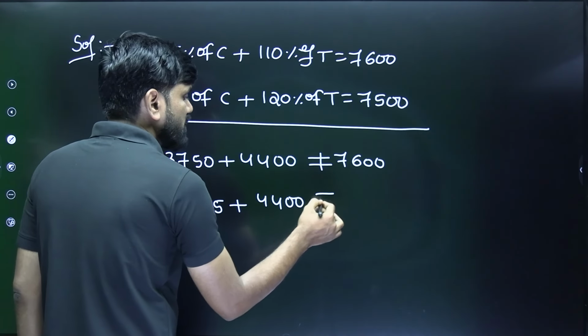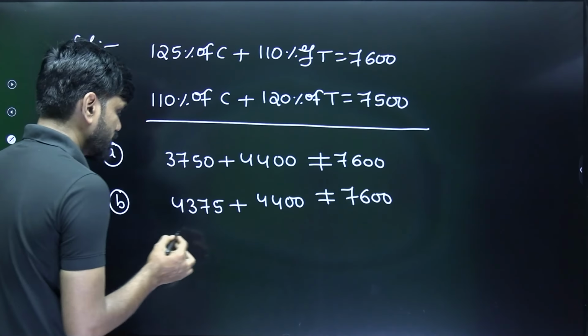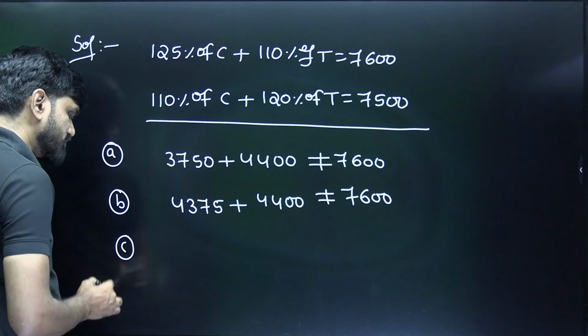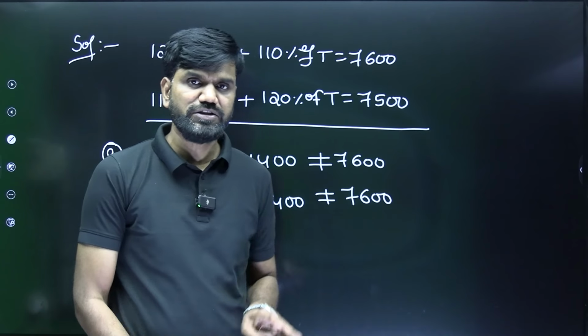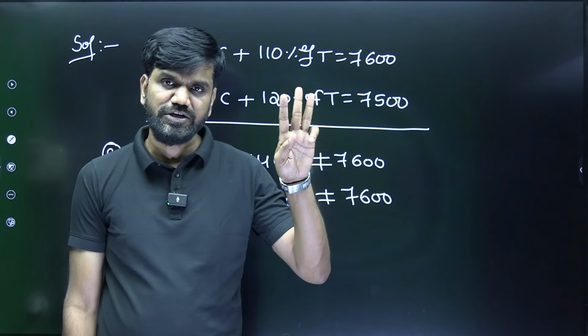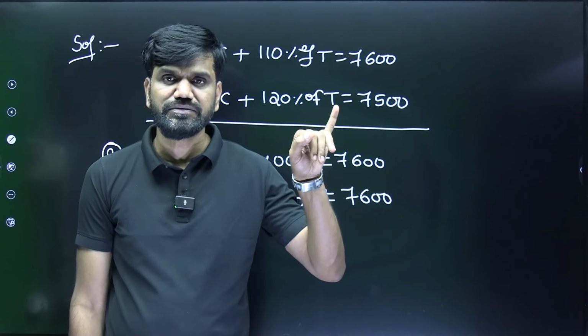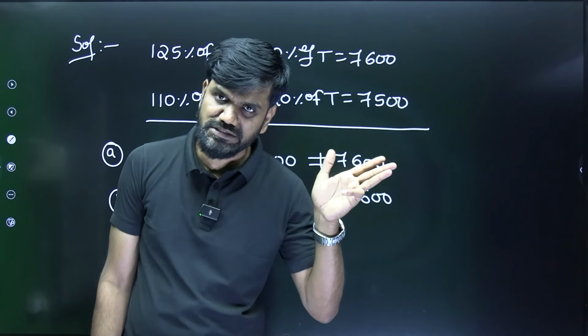This is also not adding up to 7,600. That is also not my answer. Let's go for checking options. You see, worst case, we have to test for only 3 options. In an exam with 4 options, maximum we test for 3 options. If first 3 are not working, worst case, 4th one is your answer. So we'll check only for 3 max.